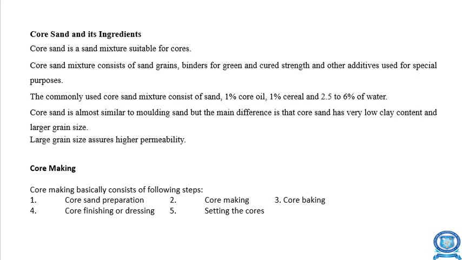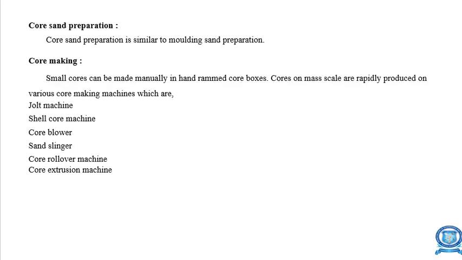Core making. Core making basically consists of the following steps in sequence of operations: core sand preparation, core making, core baking, core finishing or dressing, and finally setting the core. These are the sequence of operations to follow in making a core.